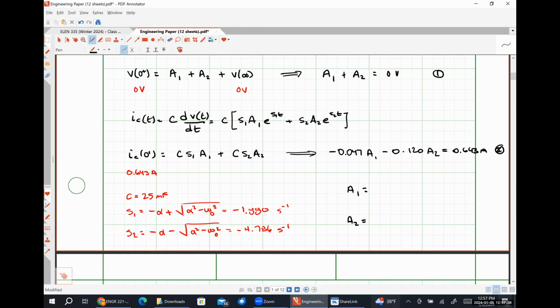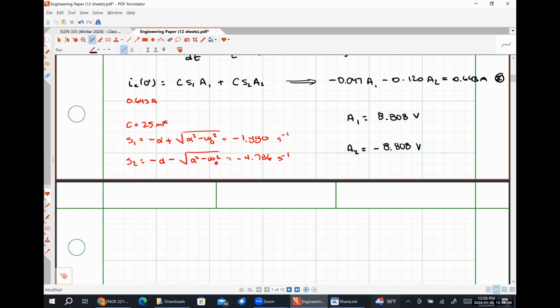And my constant term is 0.643. Solving this system, I get A1 to be 8.808 and some change volts, and A2 is negative 8.808 and some change volts.